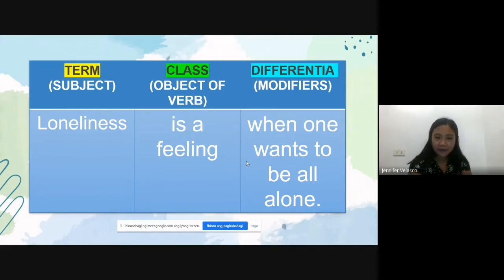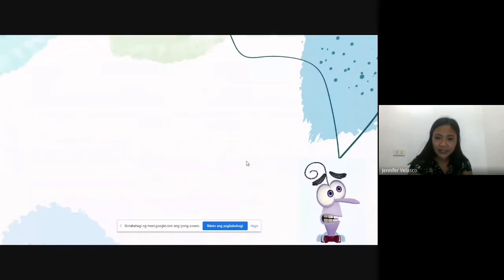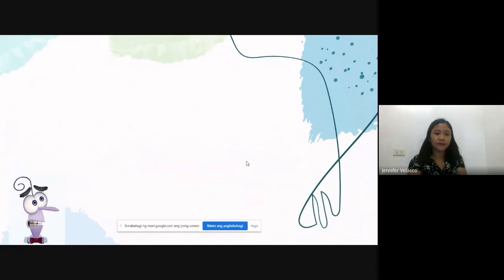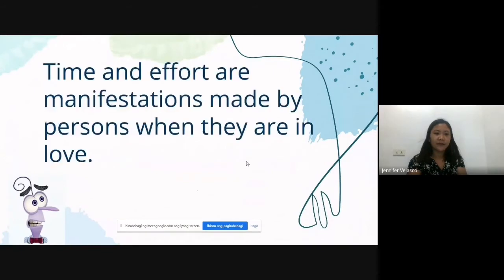Let's have this example for you to identify it correctly. I have the sentence: time and effort are manifestations made by persons when they are in love. Which do you think is the subject here? Ella?